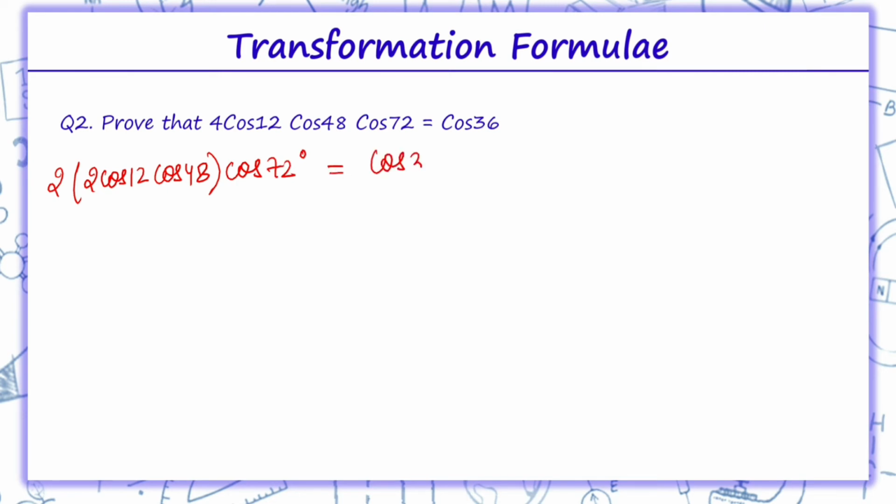We have to prove this is equal to cos 36 degrees. So for 2 cos x cos y, the formula will apply: cos(a plus b) plus cos(a minus b). So 12 plus 48 will be cos 60 plus cos(12 minus 48), that will be cos 36 degrees.